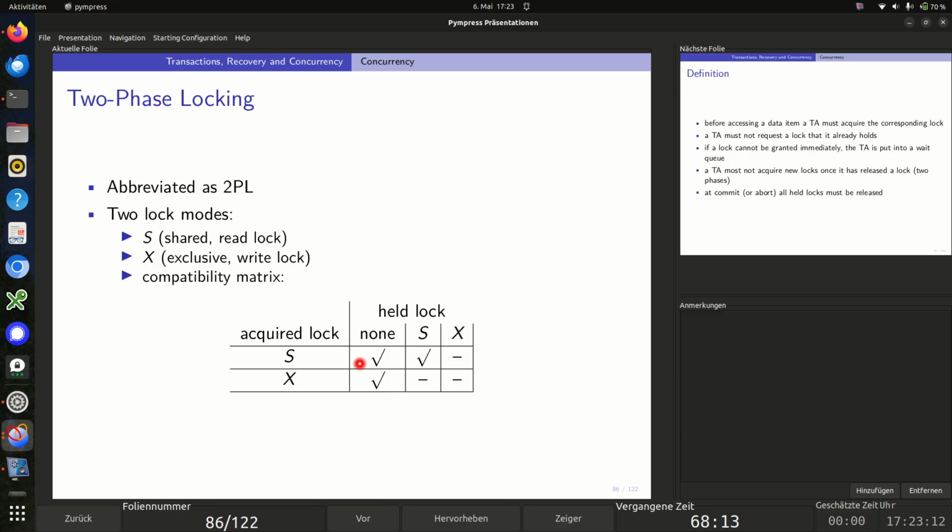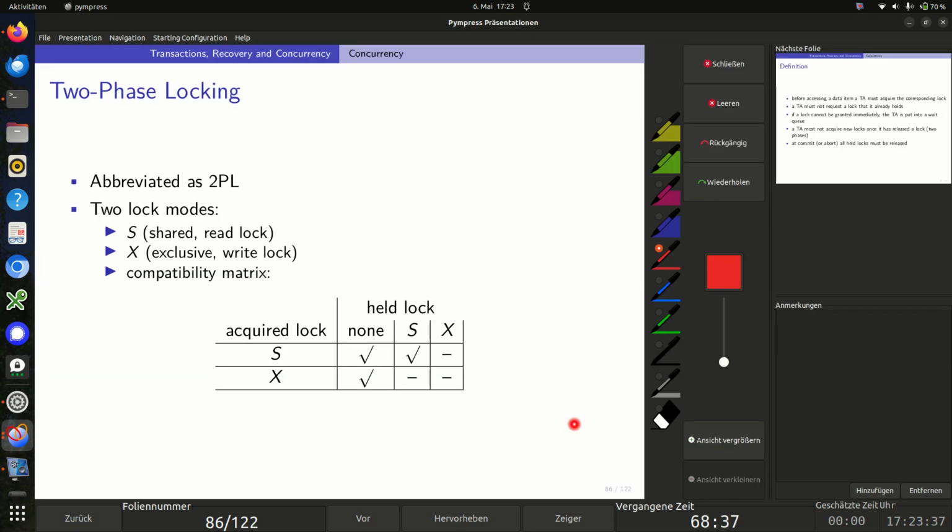First, as I said, we have two kinds of locks. The first one is shared, and shared means only reading. We can have as many reading transactions as possible. And X means writing, exclusive, and at any time only one transaction is allowed to write.